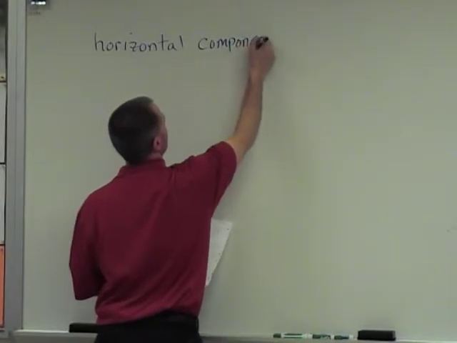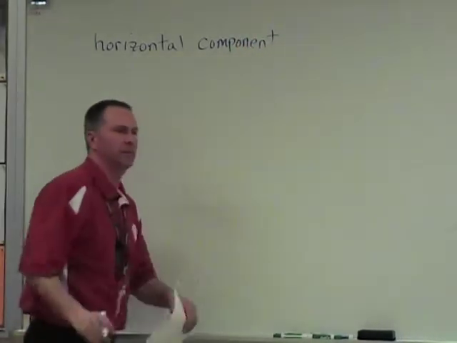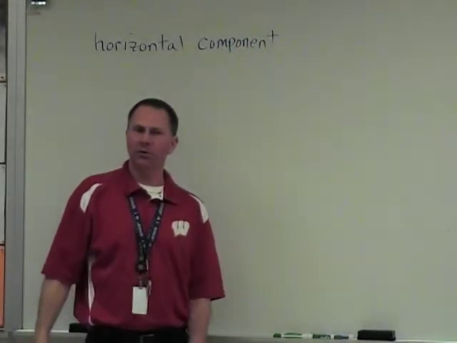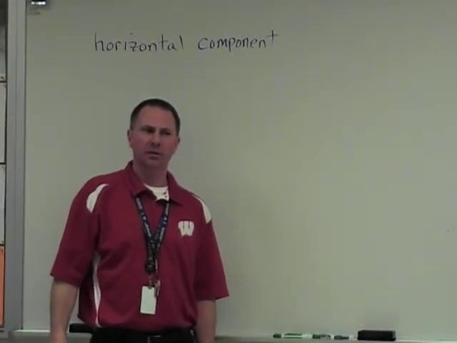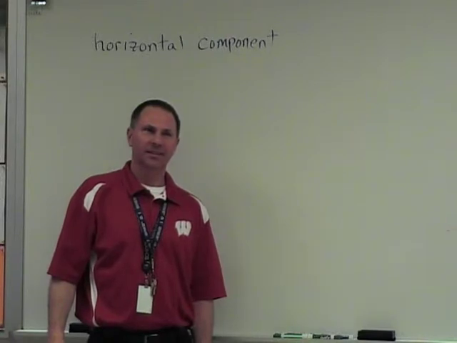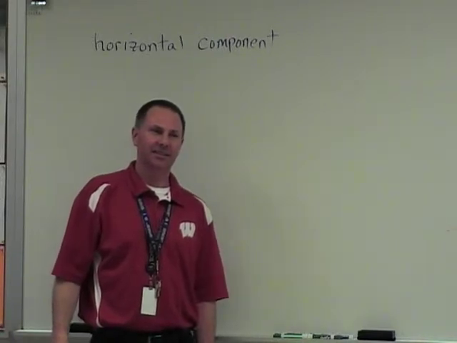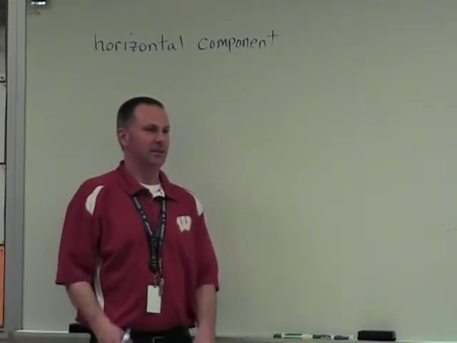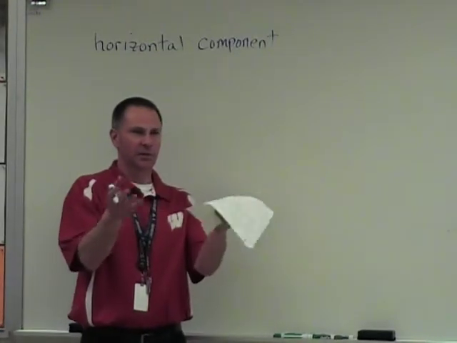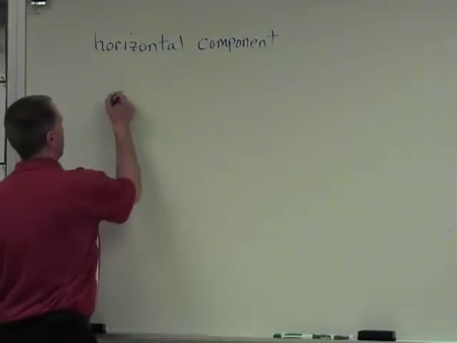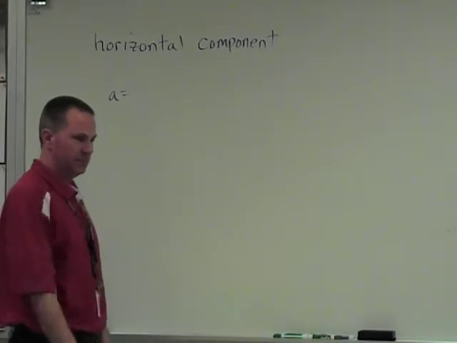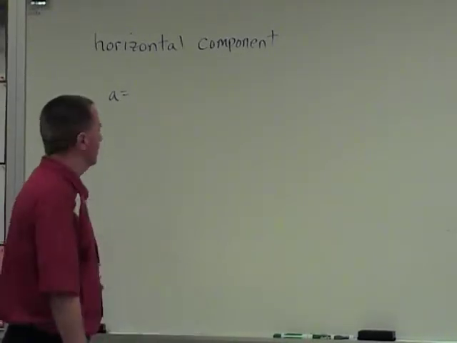Horizontal component. This is probably something you put in your reference sheet. Who can tell me what the horizontal component is? It's how far you're moving. So A, I'm going to say A. That's kind of what we've already used.